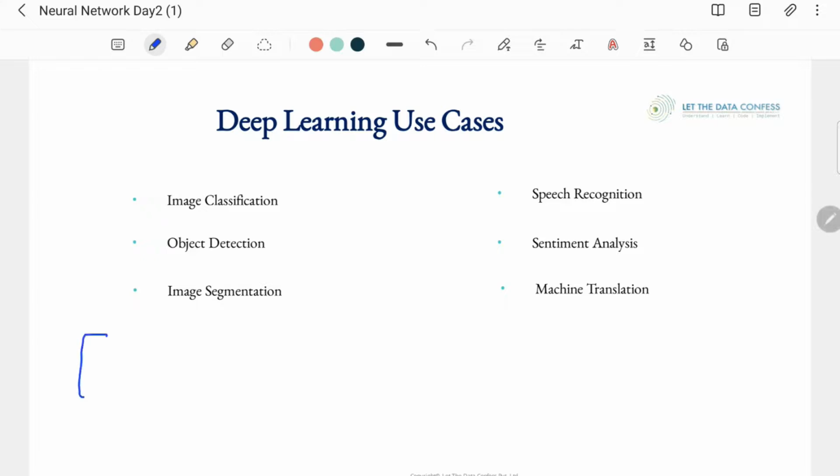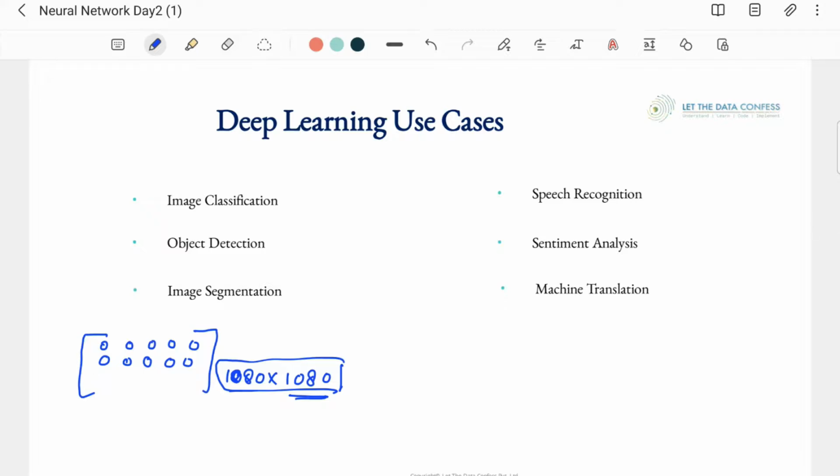Every image is made of some pixels. The better the image, like if I'm talking about a 1080 HD image, that many pixels will be there. Now you can imagine if one image has that much pixel data, and we have around 1500 images, how much data it will have.